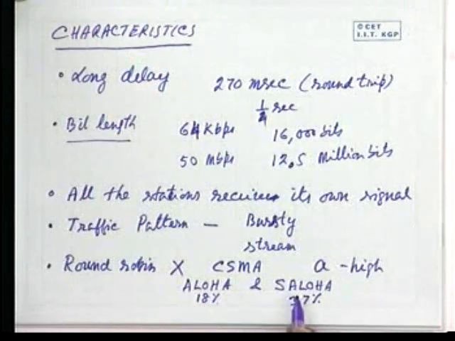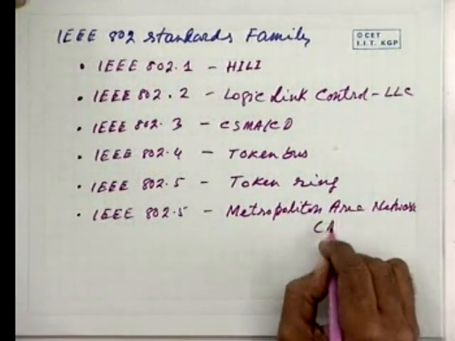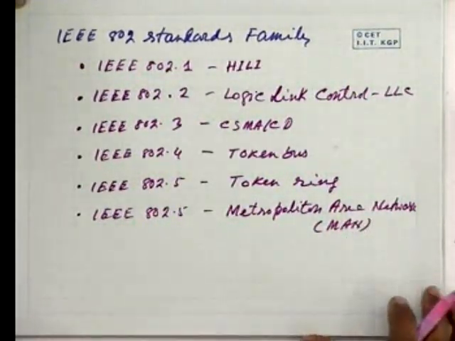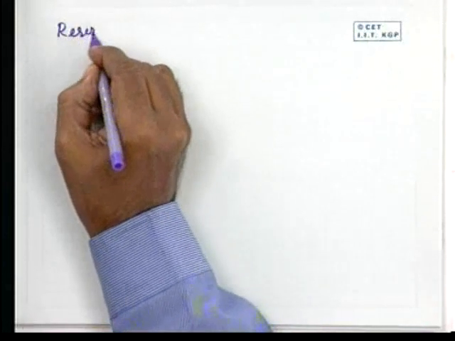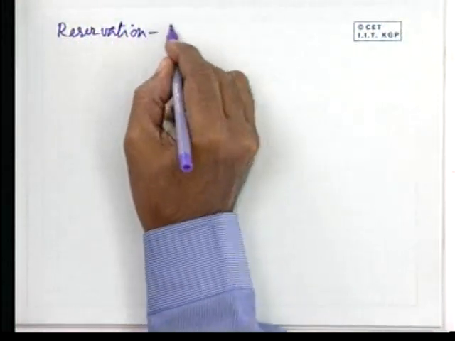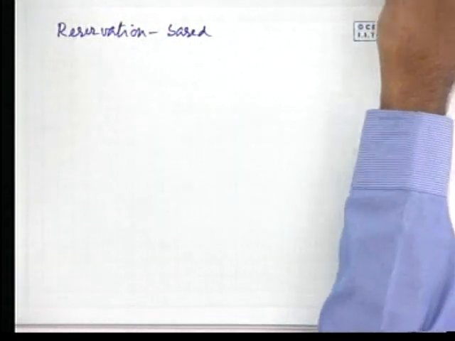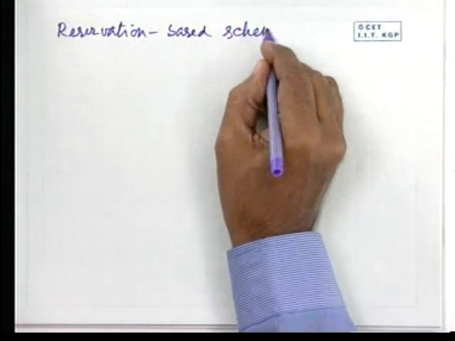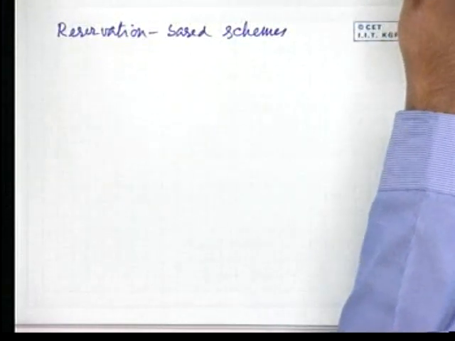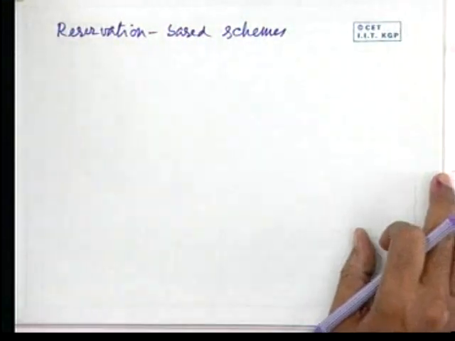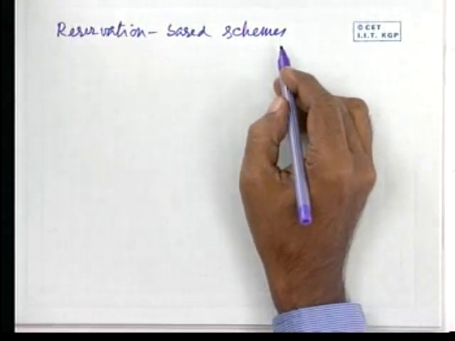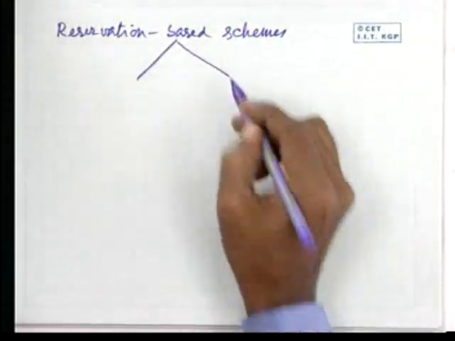So to improve the throughput, we have to use reservation based schemes. And these reservation based schemes can be broadly divided into two types.